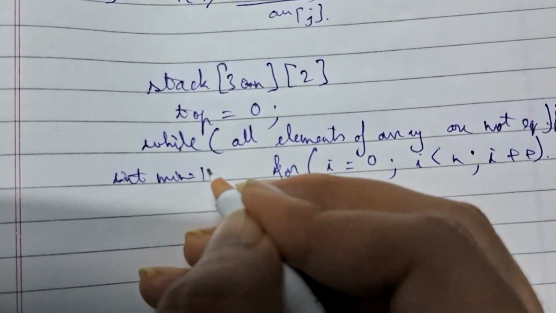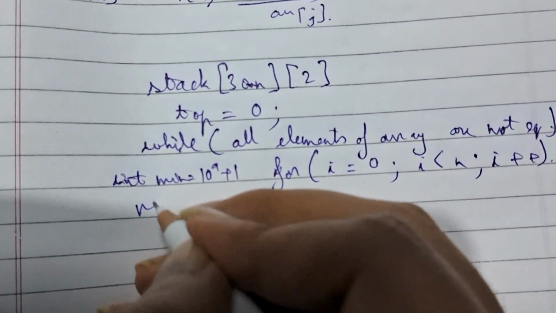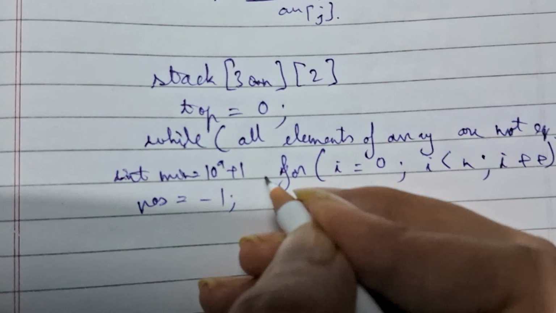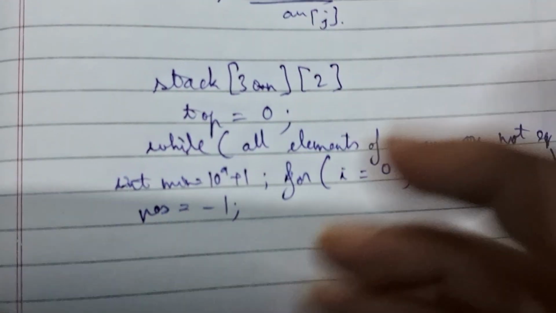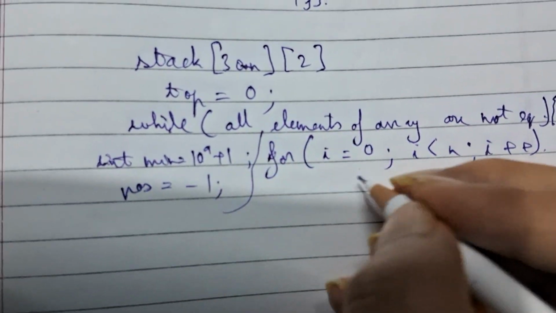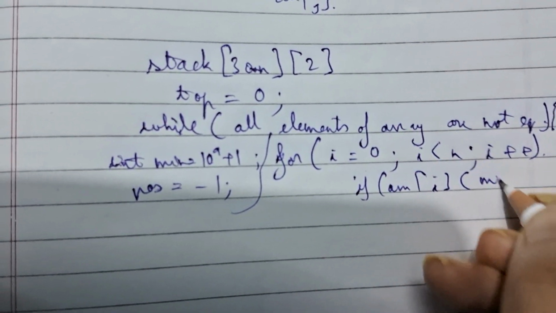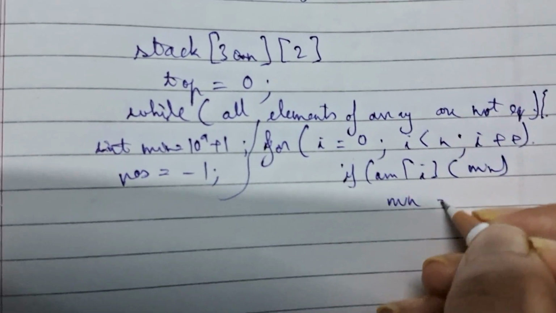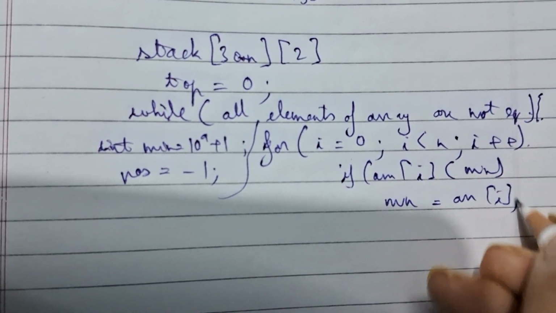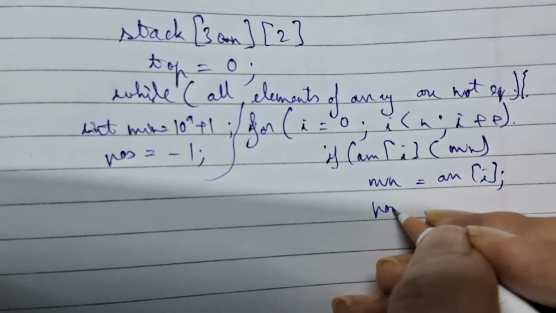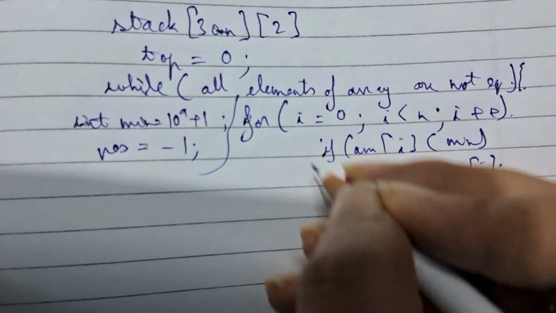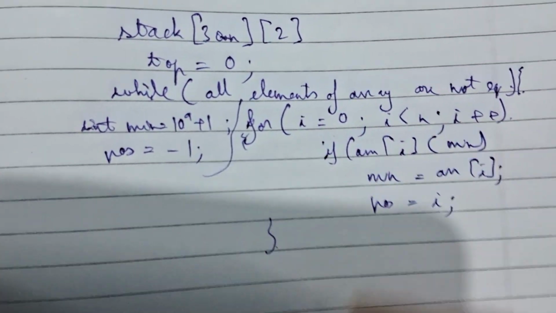So minimum is equal to 10^9 + 1, and the position of the minimum is equal to -1, just considering the initial case, and then run this loop. And if arr[i] is lesser than minimum, we can replace minimum with arr[i], a very simple thing, that is finding the minimum, and the position of the minimum will be i, right?